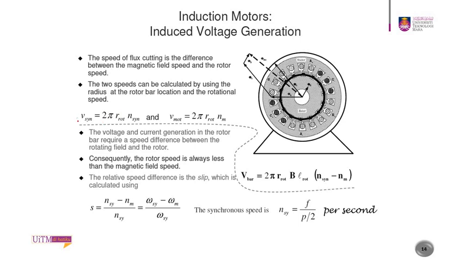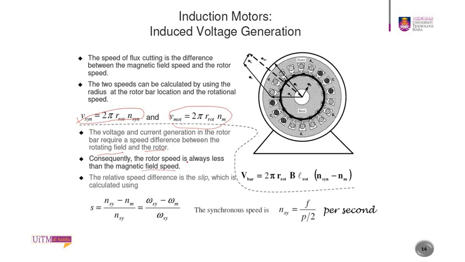So you can either calculate it at the radius at the rotor bar location, and this will be at the motor rotational speed. So the voltage and the current generation in the rotor bar requires a speed difference between the rotating field and the rotor. So consequently, the rotor speed is always less than the magnetic field speed.